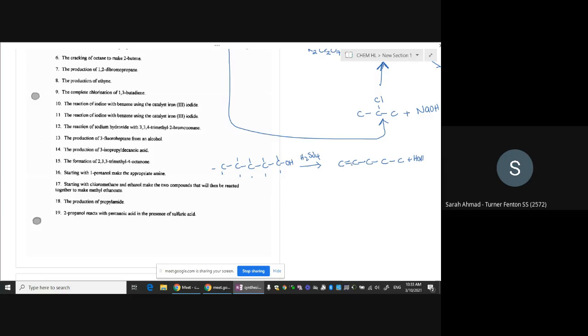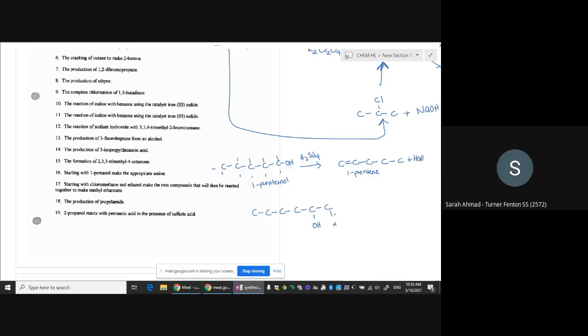Now, we want 1-pentene. I just want to give you some other things to be aware of. 1, 2, 3, 4, 5, 6. Notice how I did 1-pentanol to make 1-pentene. The reason why is, I could have put the OH here, correct?